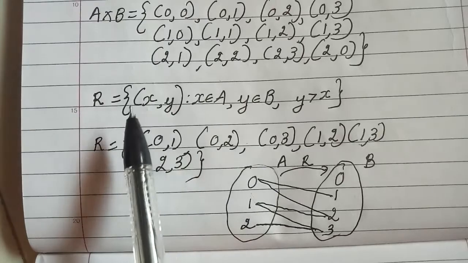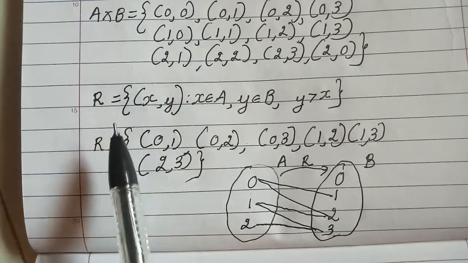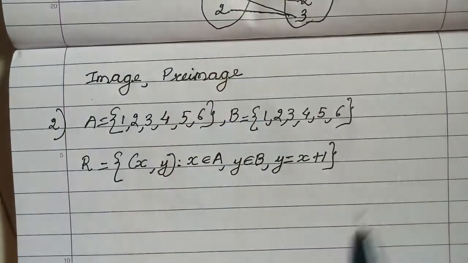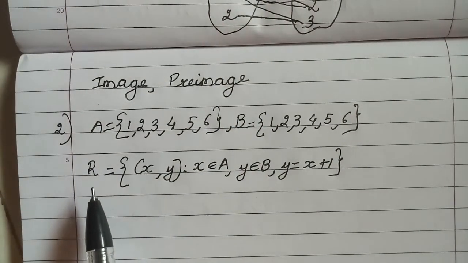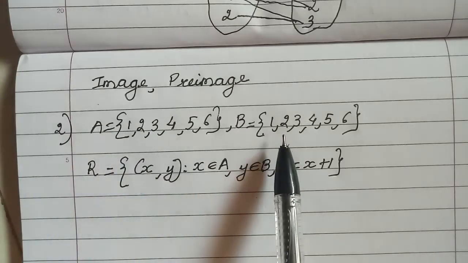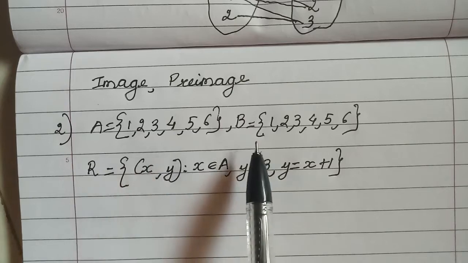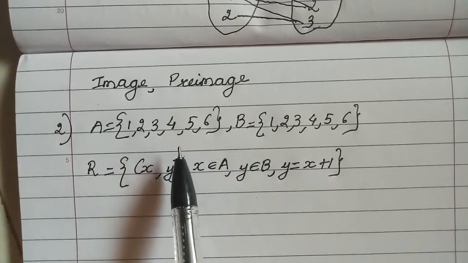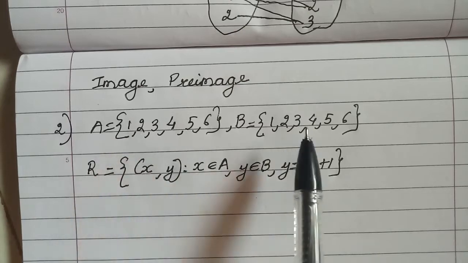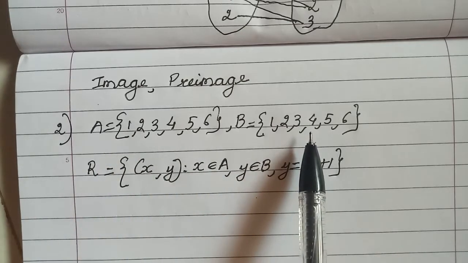Because in the last example, children, we explicitly translated the relation and then found all those things. Similarly here also we are going to find what actually are the elements in R under this relation. Now I have a set A and a set B, so you know to write A cross B. A cross B will be the collection of all ordered pairs such that the first element comes from the first set and the second element comes from the second set.